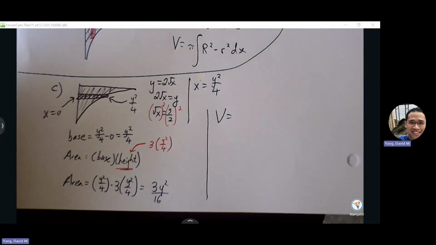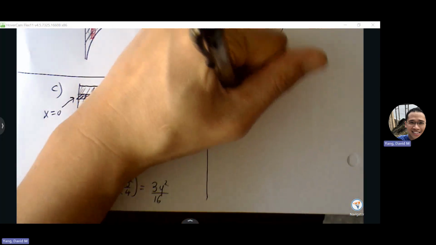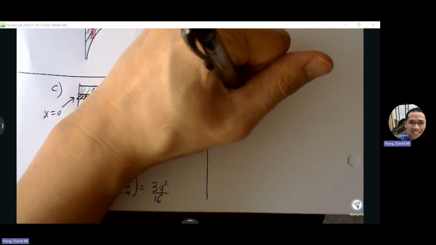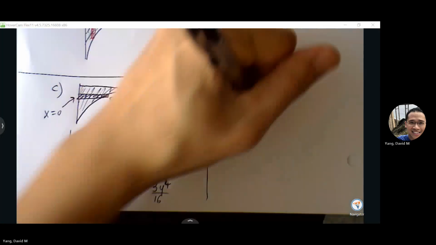There's nothing circle related. The only circle related cross section is going to be semicircle, but that's pi over 8. But here, volume is equal to the integral from 0 to 6 of 3/16 y to the 4th.